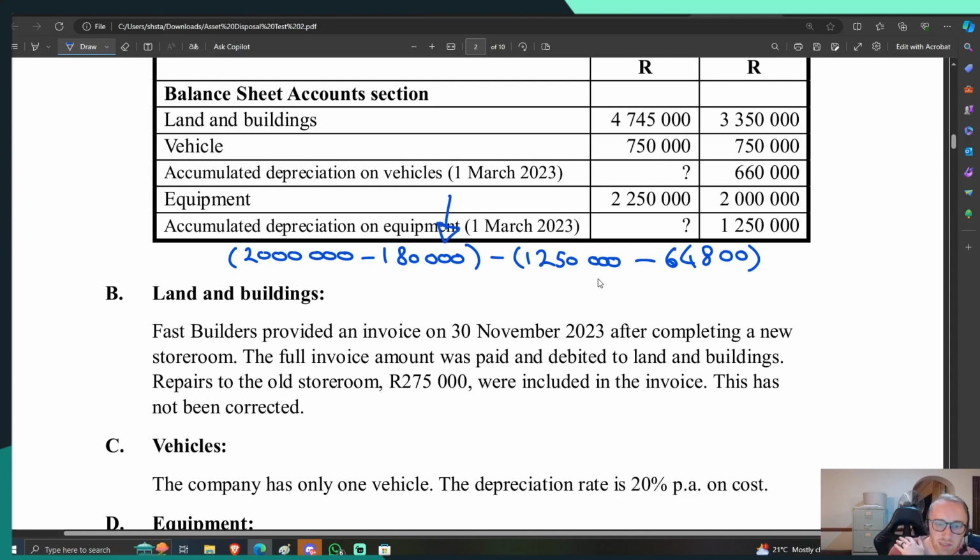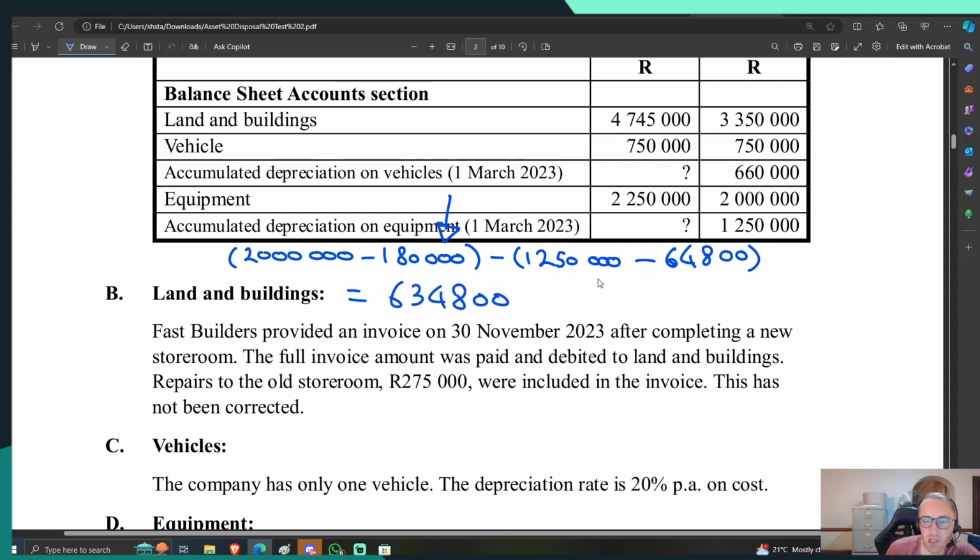And that should give us our book value of 634,800.